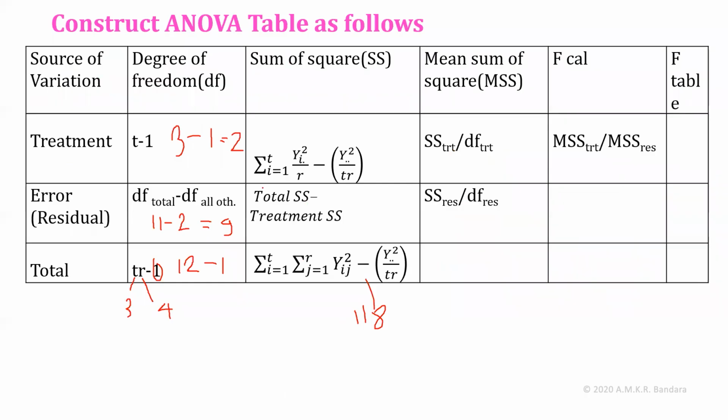Then the treatment sums of square. This is the formula. First you get each treatment total: first treatment total, second treatment total, third treatment total. Then square each total, divide by the number of replicates for that treatment, and take the summation of those. Then from that deduct the correction factor.